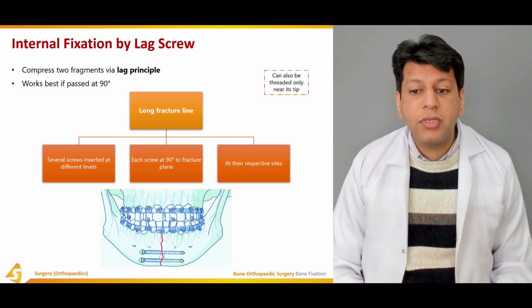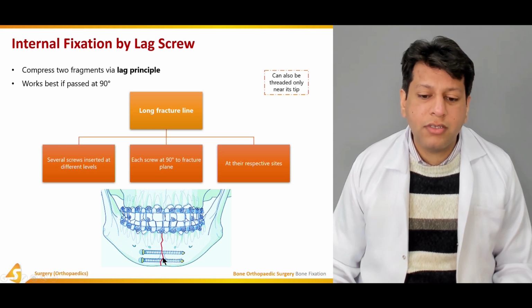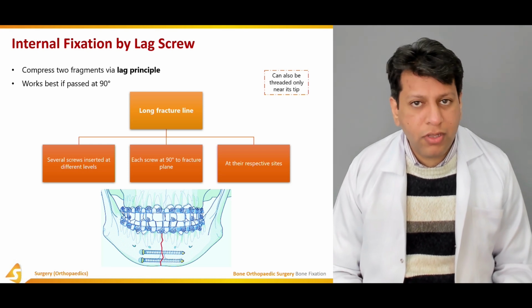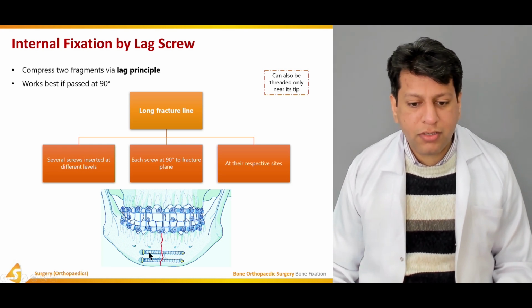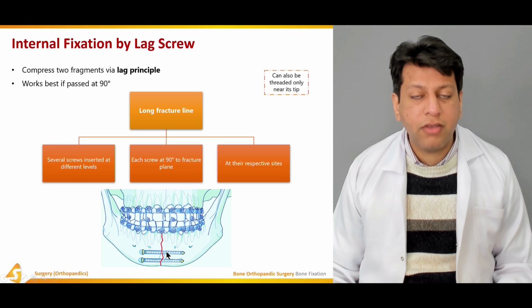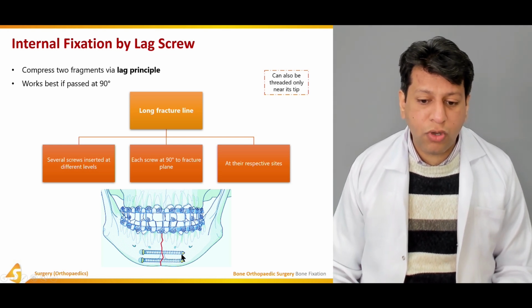So it can also be threaded only near its tip. The principle applied is that you either use a partial threaded screw, or if you are using a fully threaded screw, because this is going to be compressing this part as well, what we do is drill this area with a bigger drill bit and this area with a smaller drill bit.